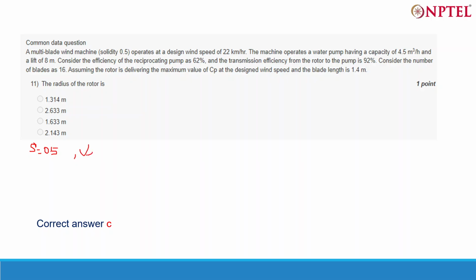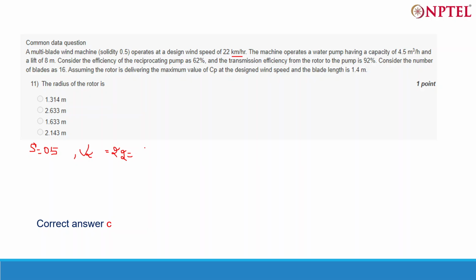So U infinity, that is the design speed, is given as 22. Okay. So this is given in kilometer per hour, so you convert it into meter per second. Okay. So 22 into 1000 over 3600.